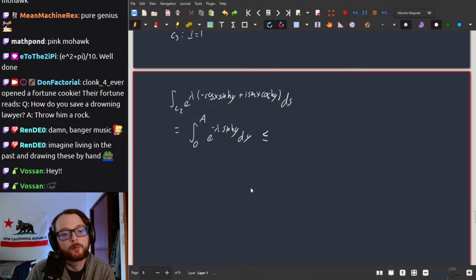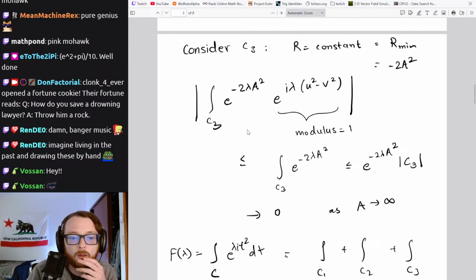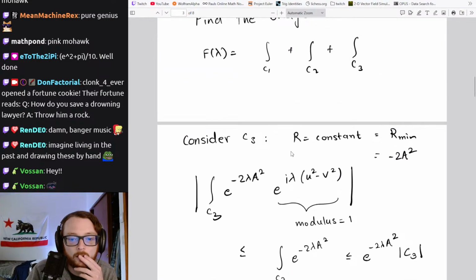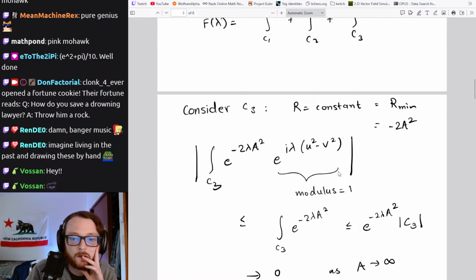Maybe I said this integral a little bit wrong. R is a constant. I is changing. Oh yeah, I set this integral up wrong.